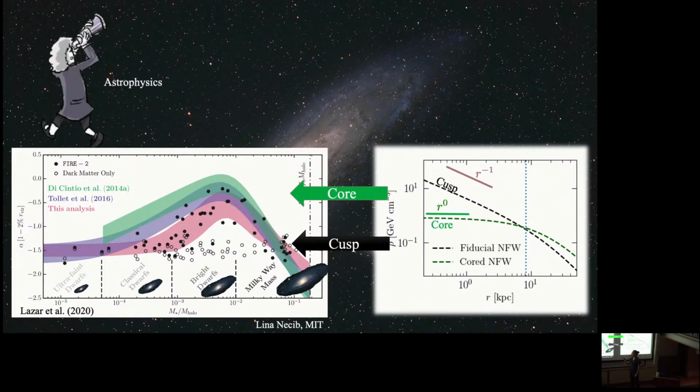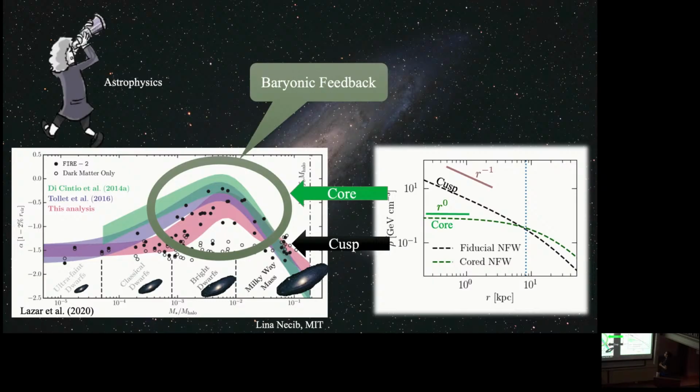But as you go up close to the LMC mass, stellar feedback, stars exploding and kicking a lot of matter from the inner part, actually does affect this distribution, and you end up with a lot more cores. And then for the Milky Way, things are not as efficient, but of course the mass of the Milky Way is a big unknown, so I don't know if we're expected to be here or here. So it is very interesting for us to have data points for a plot like this to understand the effect of baryonic feedback, and that will help us have more accurate simulations to understand how galaxies form.